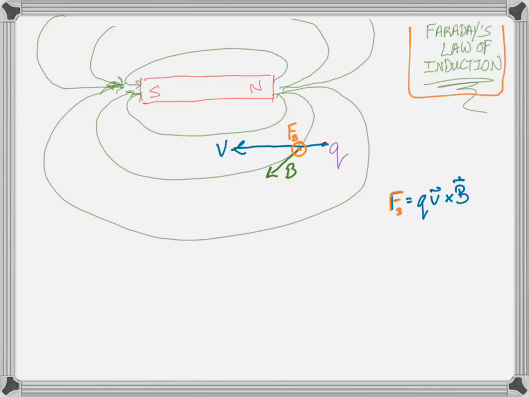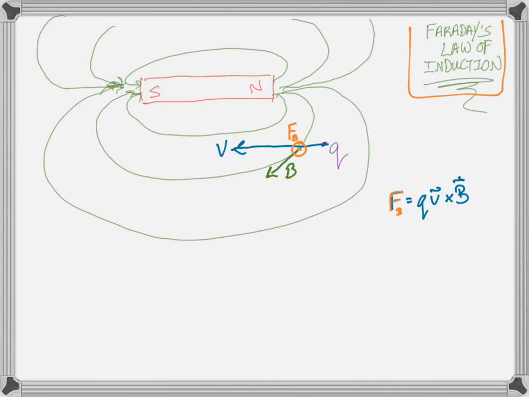That is Faraday's law of induction, that moving magnets cause charges to move. A different way of saying that is that moving magnets cause currents, right? Because moving charges are currents, or moving magnets induce currents.